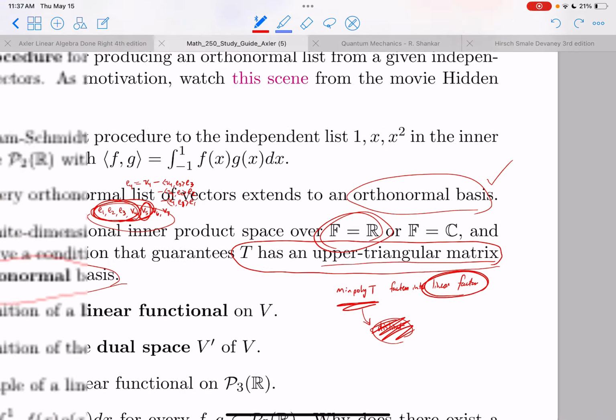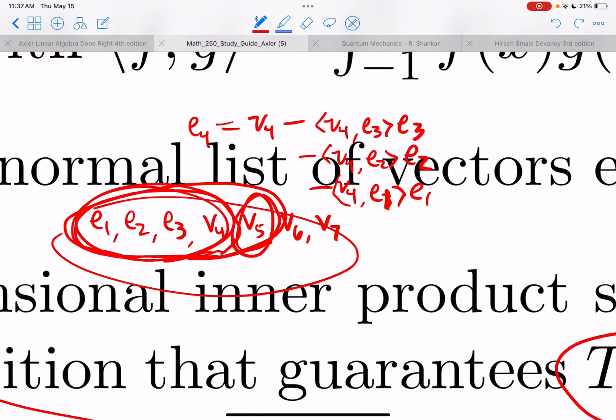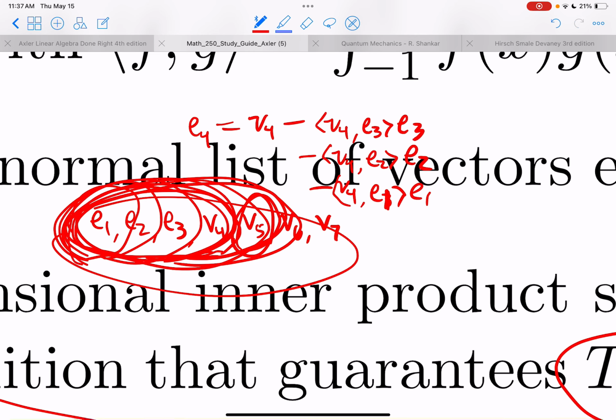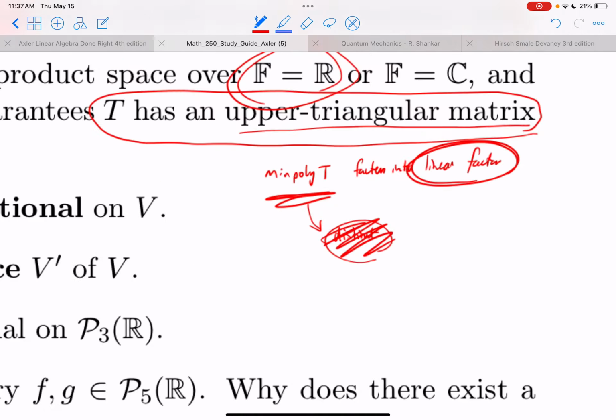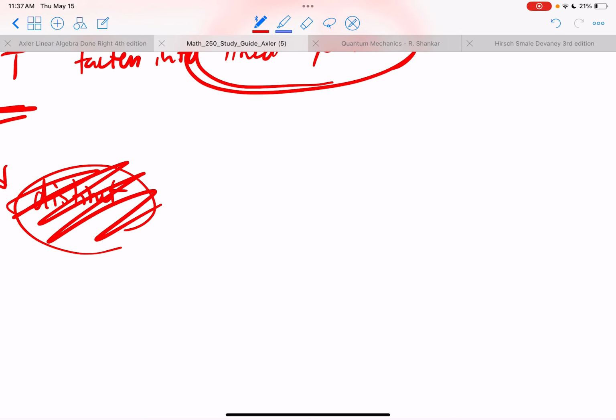Because of the whole idea that you should see now from Gram-Schmidt is we're just sort of going onward, up and up and up, taking into account more and more vectors as we go. And so you're just working in these spans. But that's exactly what an upper triangular matrix does. Remember, a matrix is upper triangularizable exactly when there's a basis, v1, v2, v3, v4, etc., such that T maps v1 into v1.